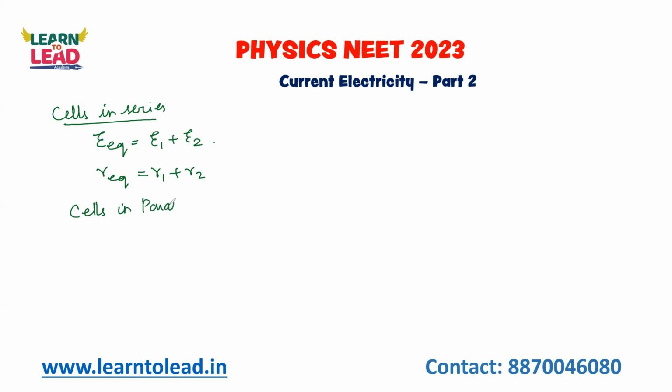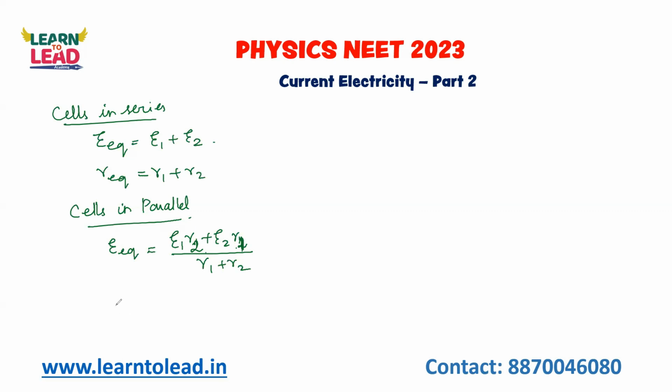When cells are connected in parallel, what is the formula? The equivalent EMF is (EMF 1 into R2 plus EMF 2 into R1) divided by R1 plus R2.